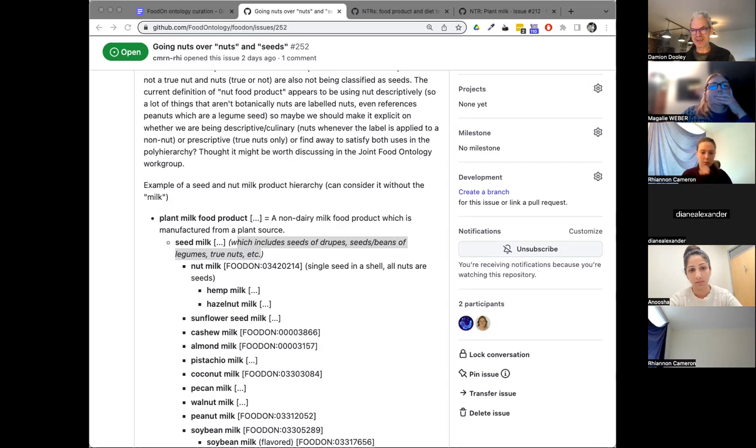So any biological properties that should be inhering downward must be preserved, even if it makes the hierarchies look a little unusual for the rest of the consuming world. But as long as we have specific classes that do meet the rest of the world's interests, such as tree nut, yeah, then that's okay. It's just that they may not be able to sit under a particular position in the hierarchy.